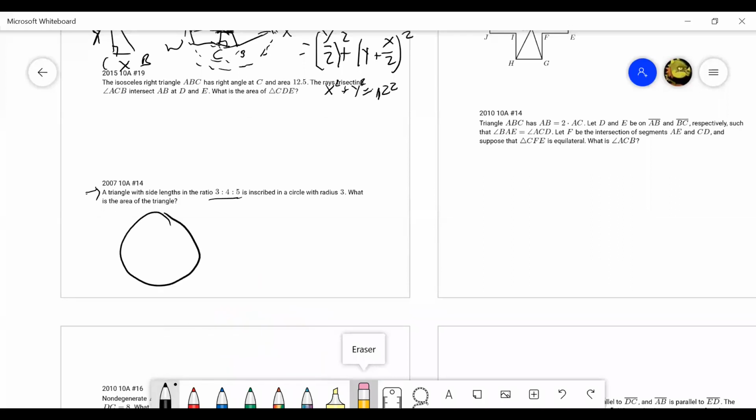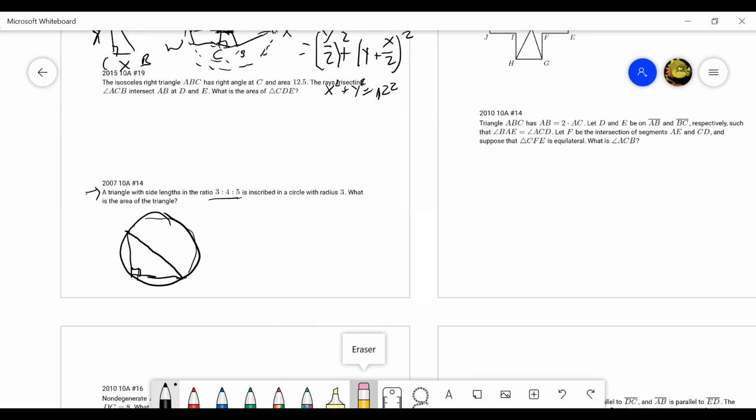So we're just inscribing a right triangle into a circle, with side lengths in the ratio 3 to 4 to 5. Since this is 90 degrees, the angle of the arc it faces must be 180, so it must be half of the circle. This means that the hypotenuse of the triangle is going to be the diameter of the circle.